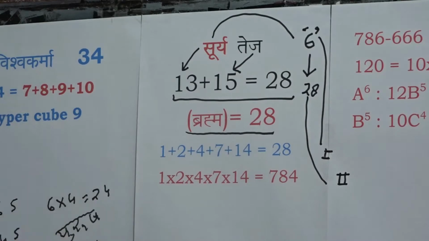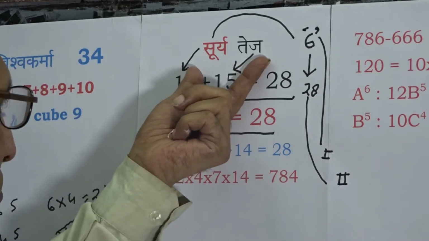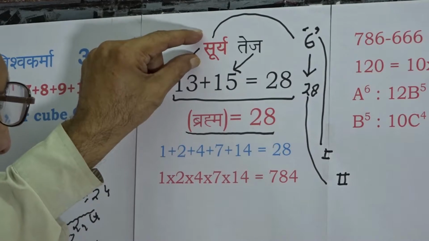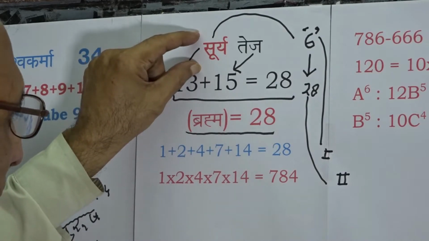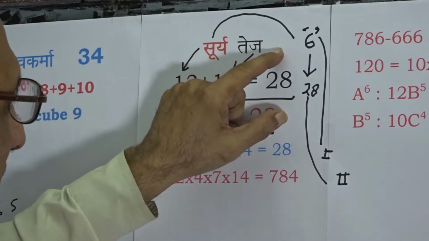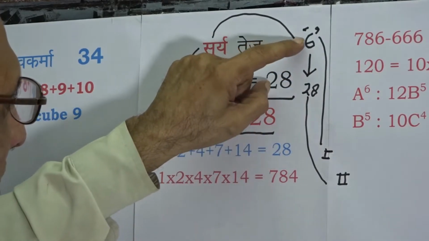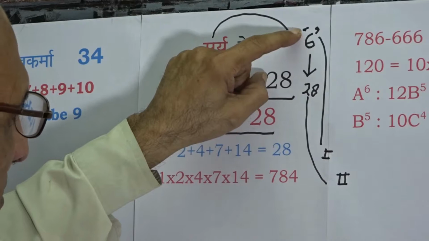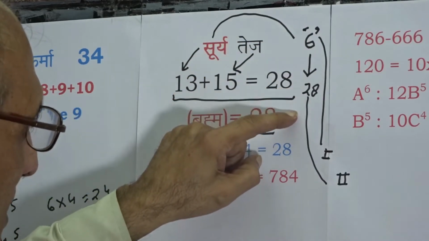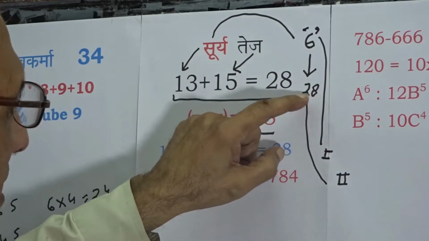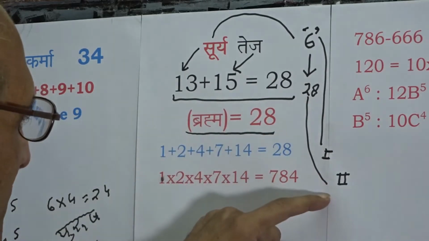Therefore, the concept of Surya Tej is the concept in terms of which we will be having transition and transformation from the mathematics, science, technologies of the first perfect number to the mathematics and technologies of the second perfect number.